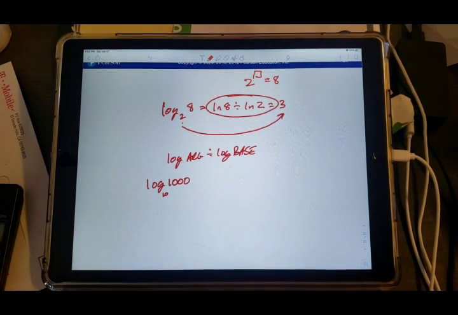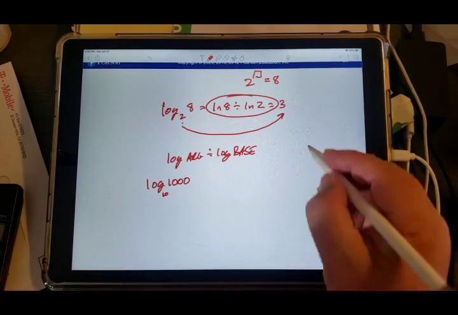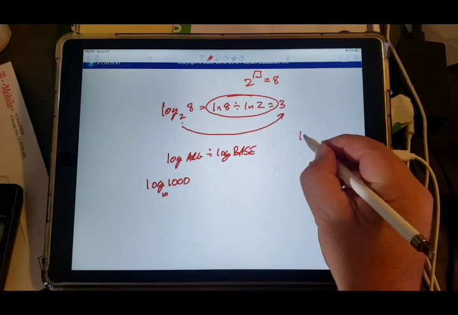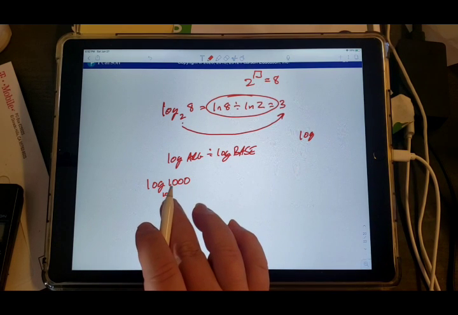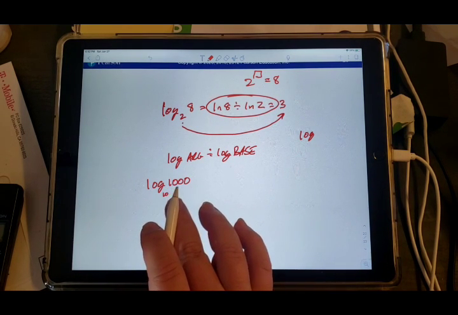No secret, your calculator has a log base 10 button. So hopefully you're embarrassed 3 times by using your calculator for this question, all right?